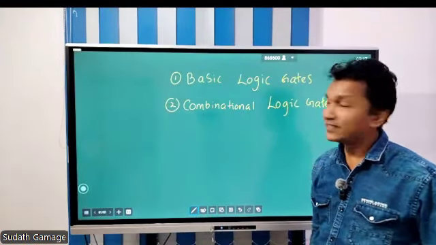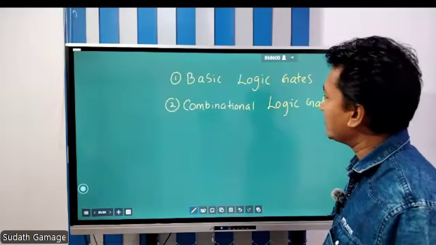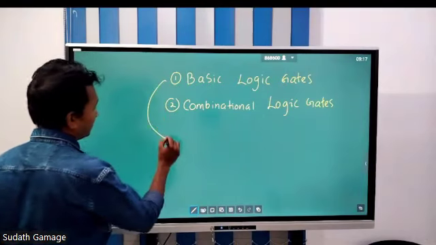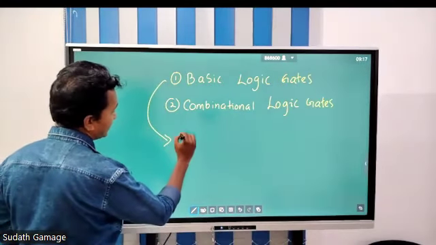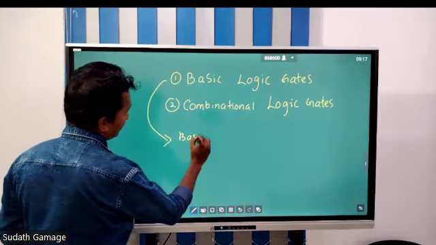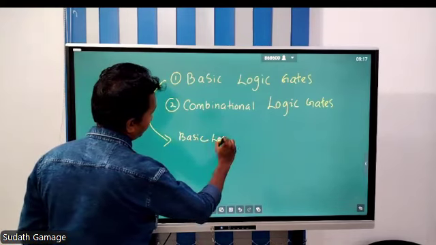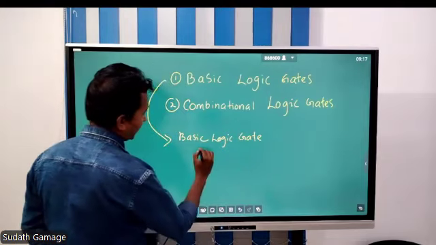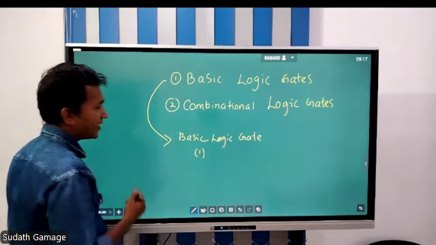You have learned about these basic logic gates, I think, in Grade 7, 8. What are the basic logic gates? Can you tell me? How many basic logic gates are there?